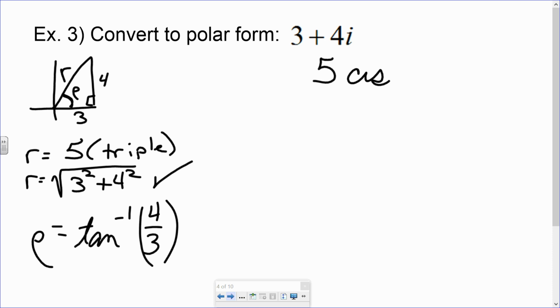Since I'm in first quadrant, am I really going to use that angle, or do I need to change it? So that's going to also be theta. And I haven't memorized 4/3 on my tangent unit circle, so I need your help on your calculators. How big is that angle?